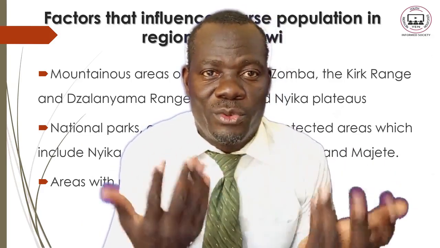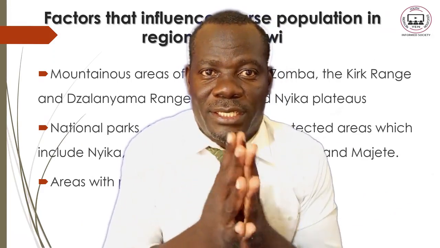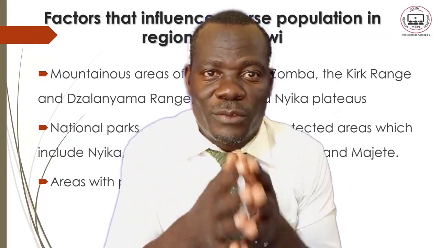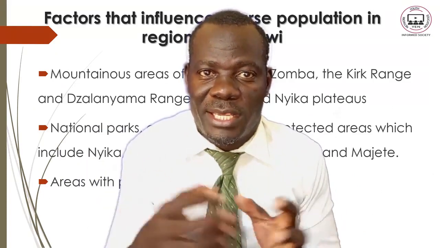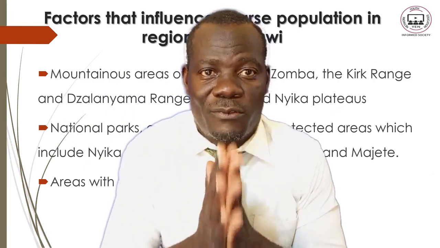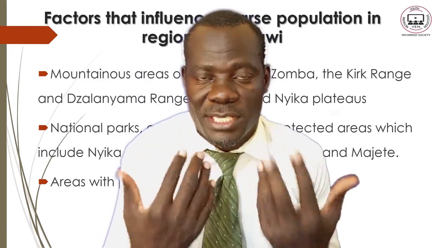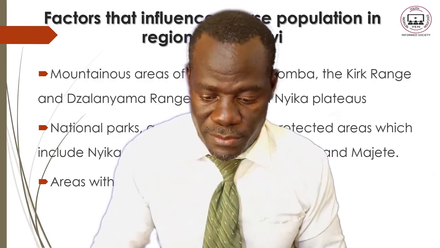There are very few industries in Mzuzu. As a result, you find that the population of the northern region is lower than that of Lilongwe and Blantyre, or the central region or southern region. So because of few industries, or sometimes maybe because of poor soils.